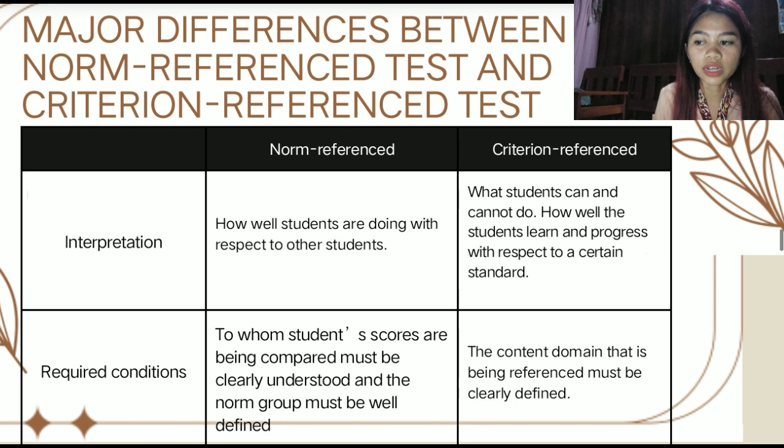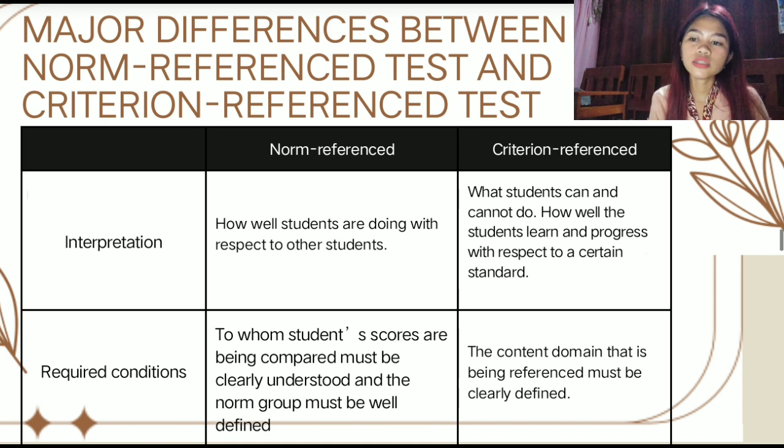In a norm reference, to whom student scores are being compared must be clearly understood, and the norm group must be well defined. And the criterion reference tells that the content domain that is being referenced must be clearly defined.